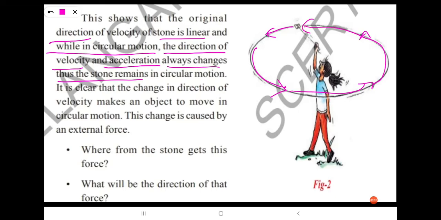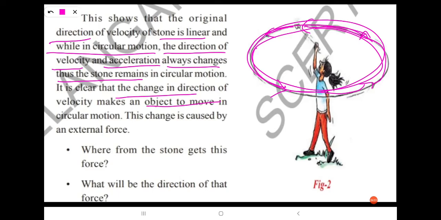Thus, the stone remains in circular motion. So it is clear that the change in direction of velocity makes an object move in circular motion.